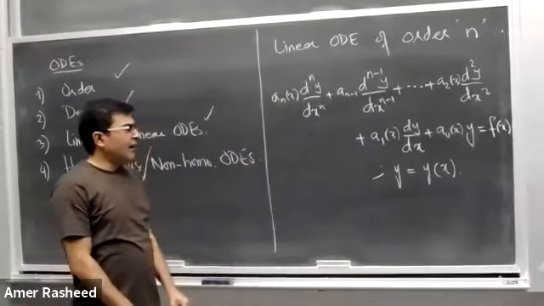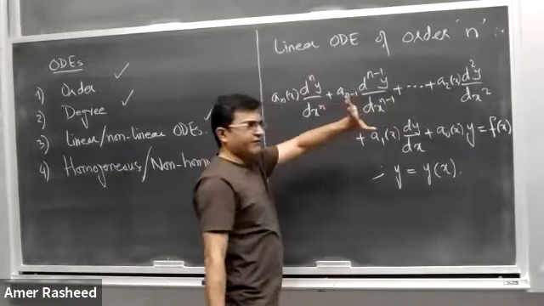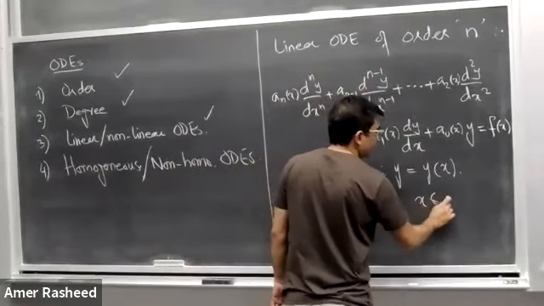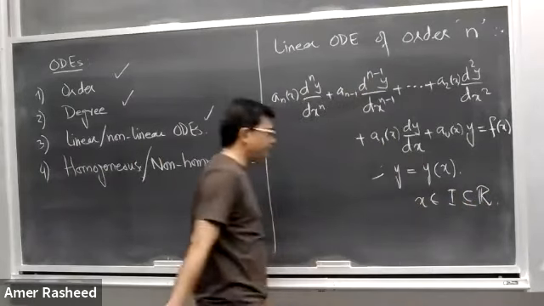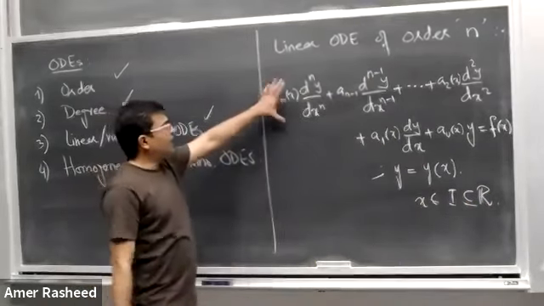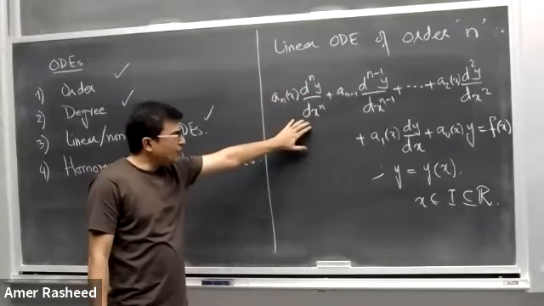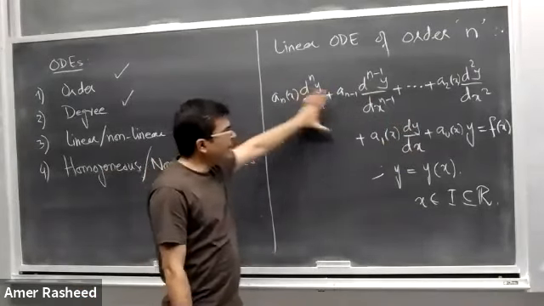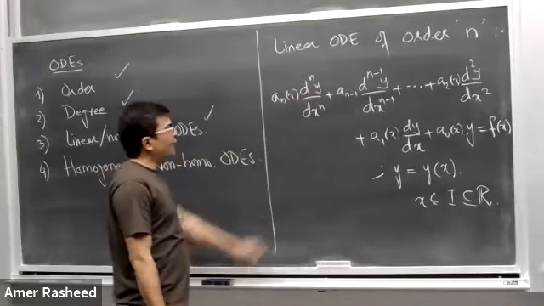We also need some domain interval where this differential equation is defined. For example, x belongs to some interval I, where I is a subset of R. So a differential equation of this form is an nth order linear differential equation. Its order is n.